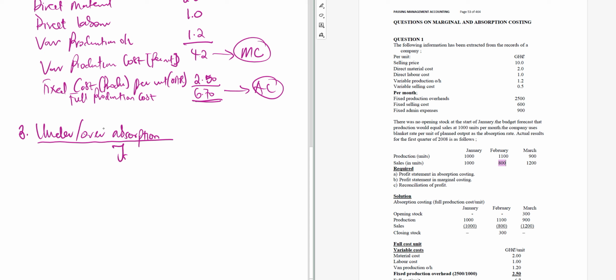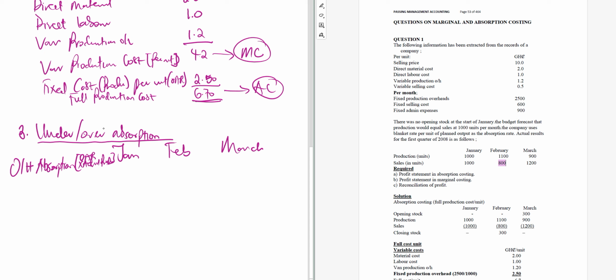I'm going to do January, February and March. Let's get our overhead absorbed. Our actual overhead absorbed is our OAR times our actual production. Since our OAR was not in hours but units, we multiply by the actual units produced.